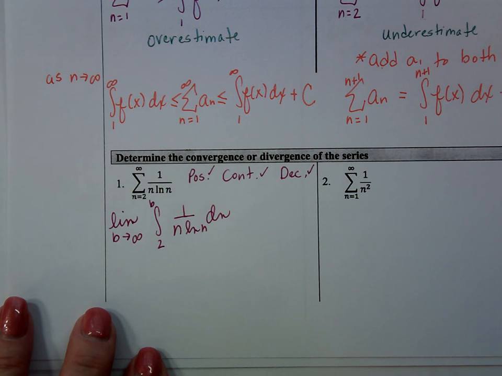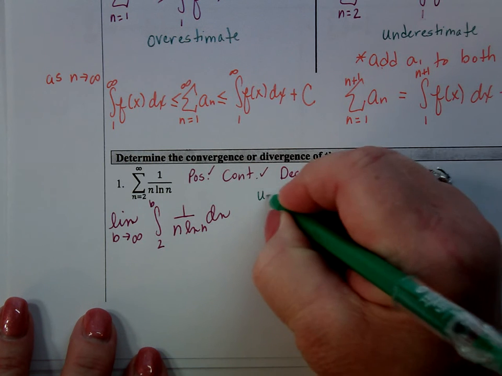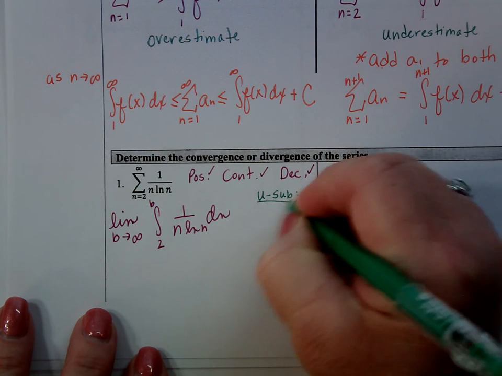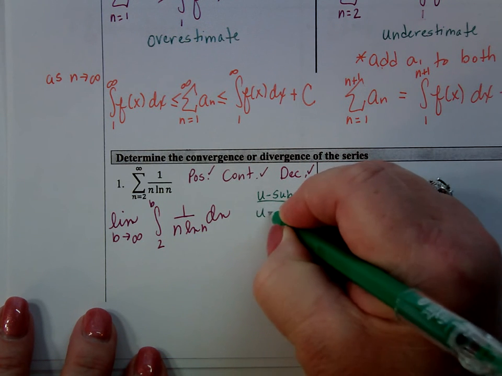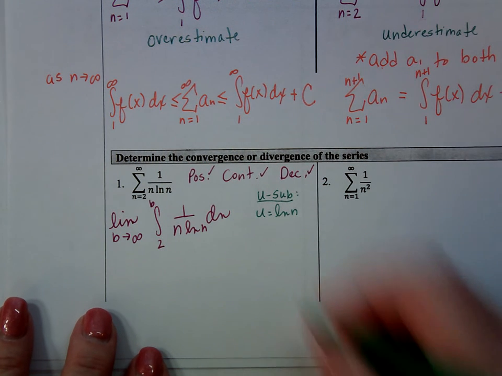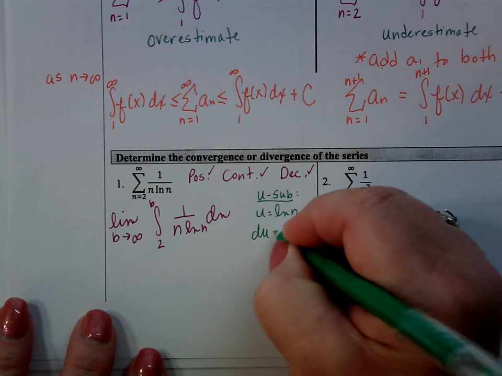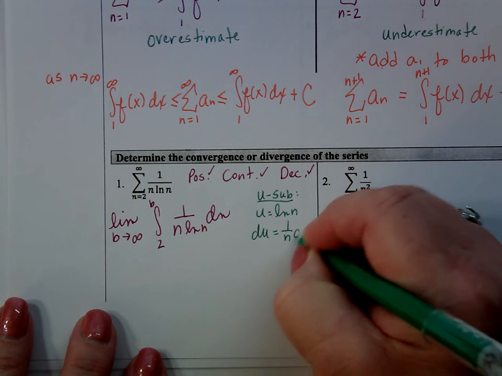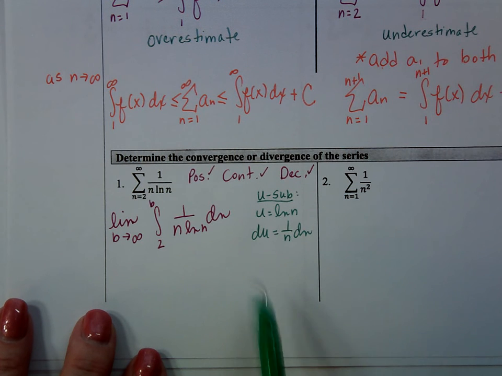And if I look at this, I'm thinking of how I can integrate this. So I'm going back to my BC roots, and I'm thinking, well, geez, it kind of looks like a u sub. So if I u sub and let u equal the ln of n, what will du look like? And you say 1 over n dn, and I say, check that out.